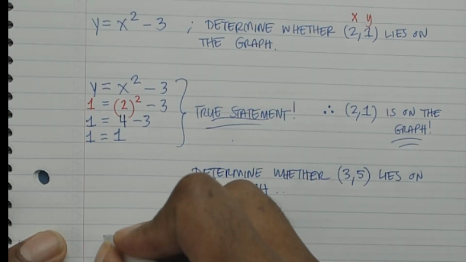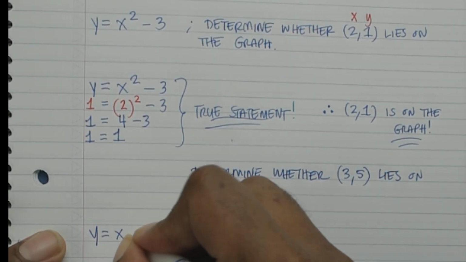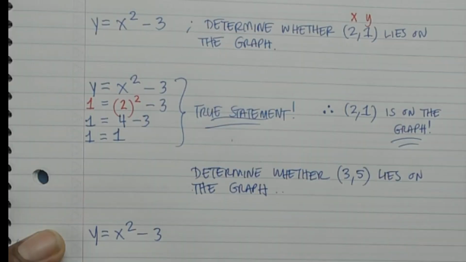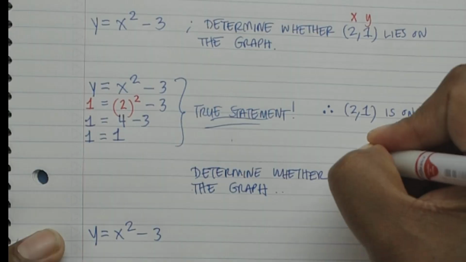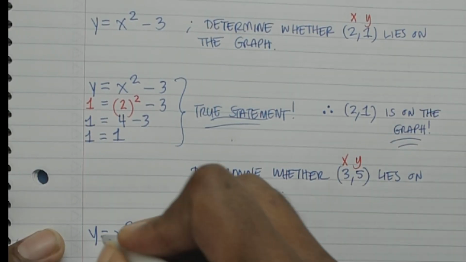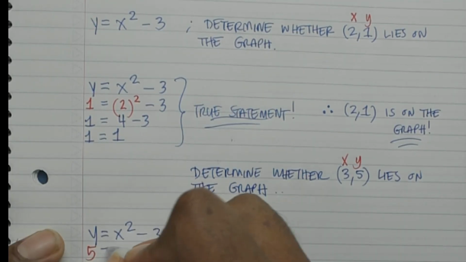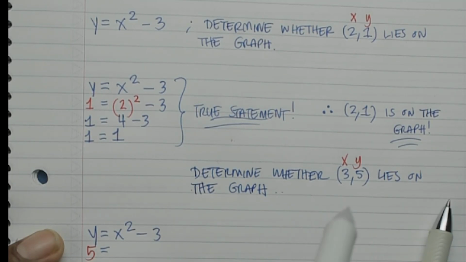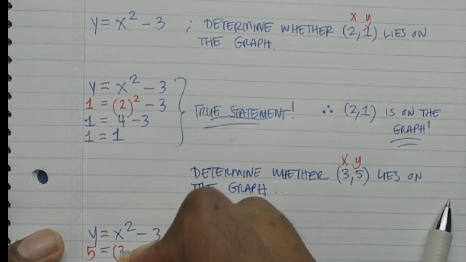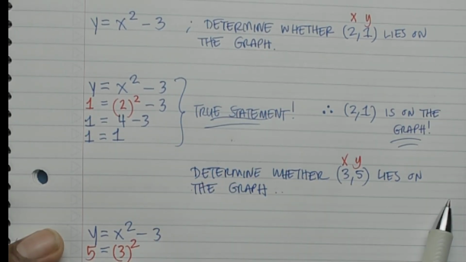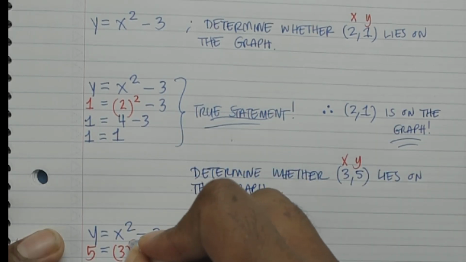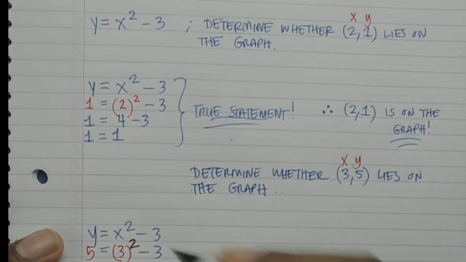Okay, using our equation, y equals x squared minus 3, we're going to substitute these values in here. This is our x, this is our y. Our y is 5 equals 3 squared minus 3.